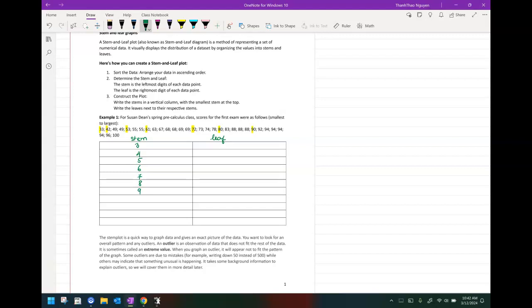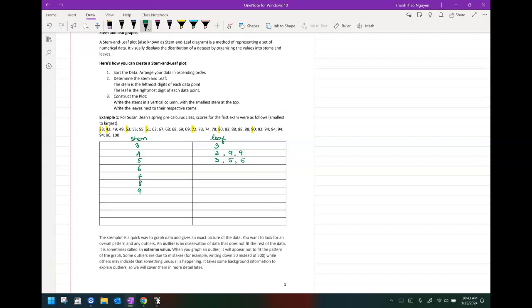So in stem 3, I have 33, so the leaf is 3. In the 40s, 42, 49, 49, so the leaves are 2, 9, and 9. In the 50s, we have 53, 55, 55.